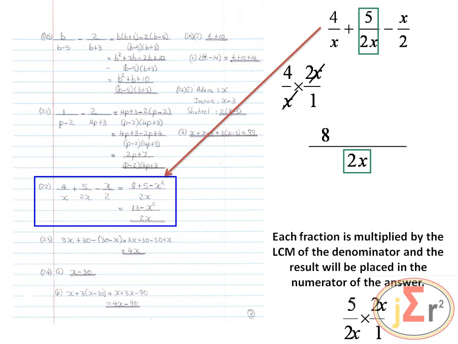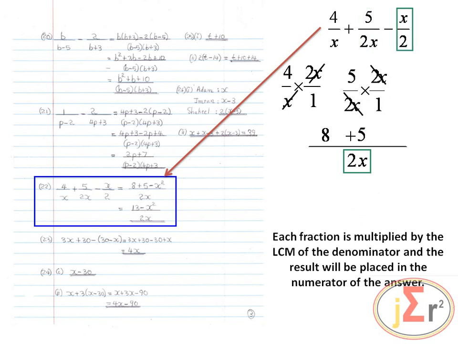And what do we say? 5 over 2x times 2x over 1. 2x cancels with 2x and 5 divided by 1 is 5. What about the other one? X over 2 times 2x. What will happen? 2 is cancelled and x times x is x squared.